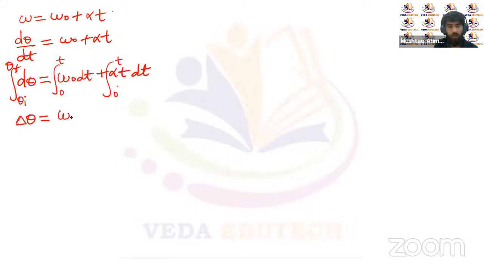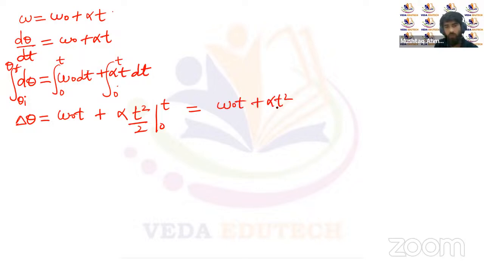So it will be omega naught t plus, since alpha is a constant, the integration of t with respect to t will be t square upon 2 with limits 0 to t. We'll be left with omega naught t plus alpha t square upon 2. So the angular displacement delta theta equals omega naught t plus half alpha t square.